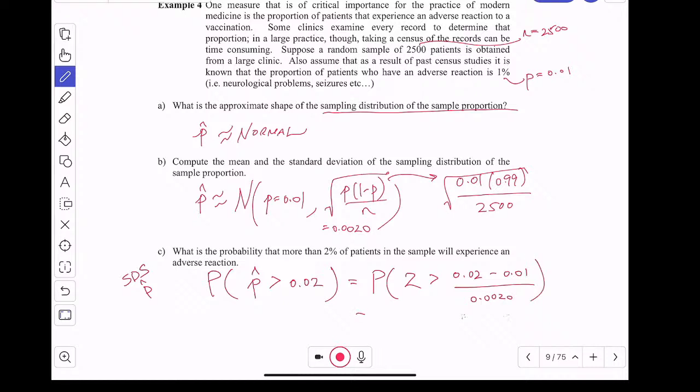Everything looks like, I'll make it like a Z. So then that becomes... So what is the probability that more than 2% of patients in the sample will experience an adverse reaction? Did I do something wrong here?